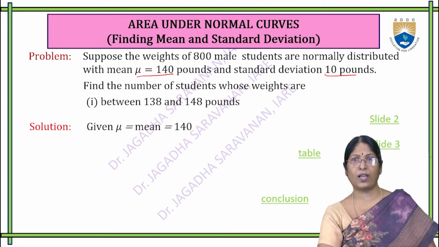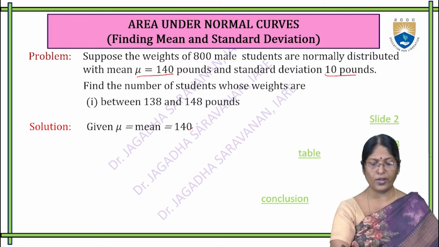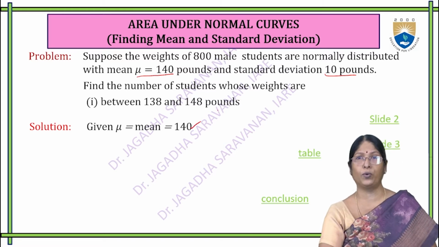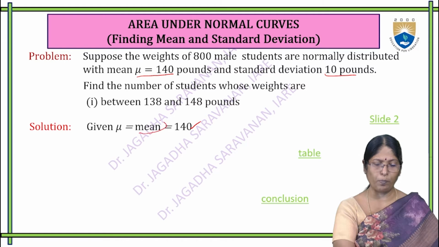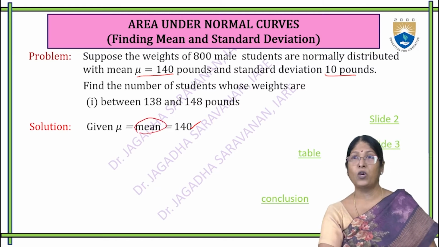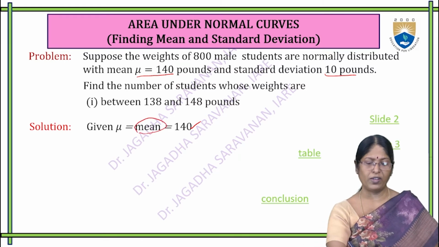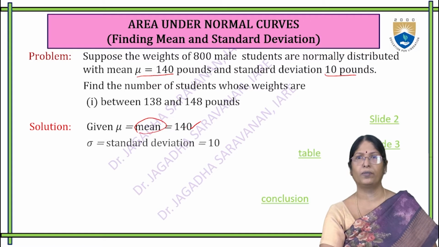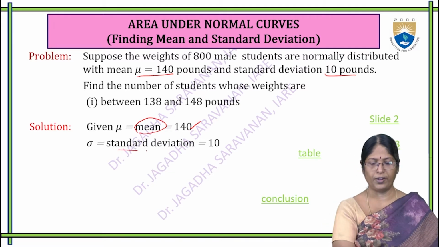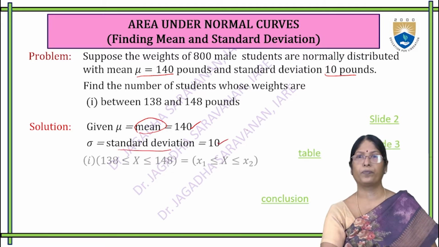First we start with the given data: mu equal to 140, where mu is the notation for mean, and sigma, the symbol for standard deviation, is 10.